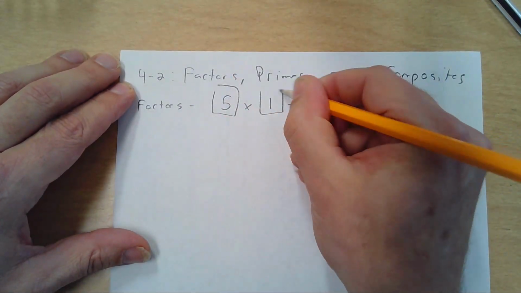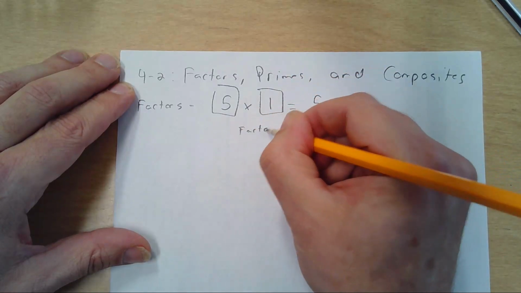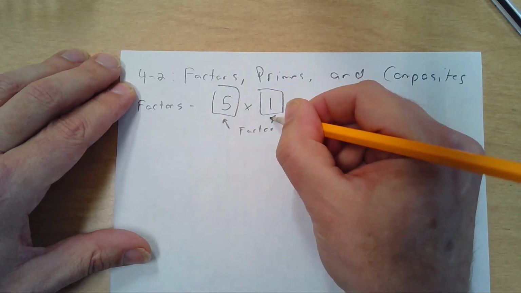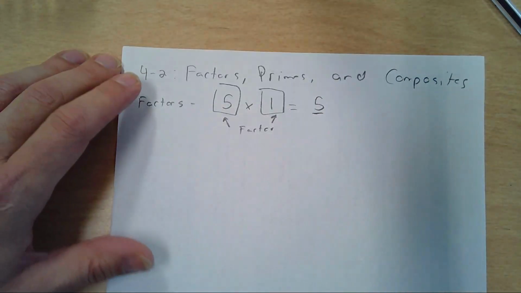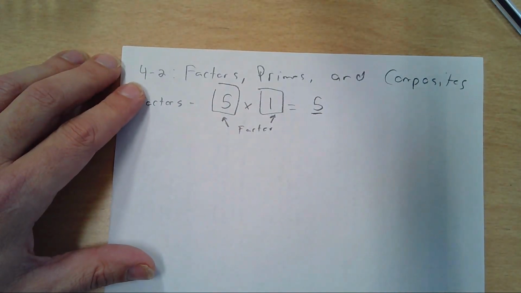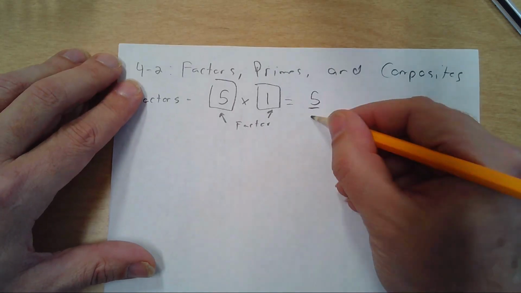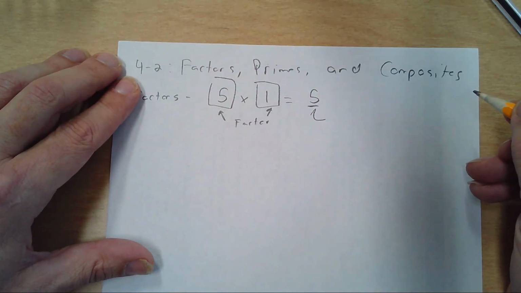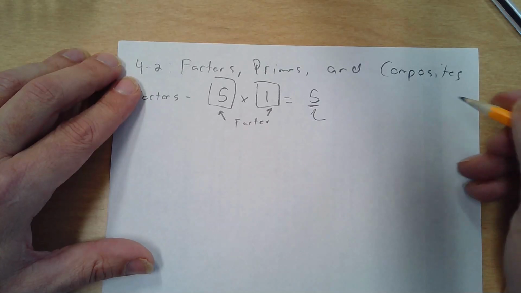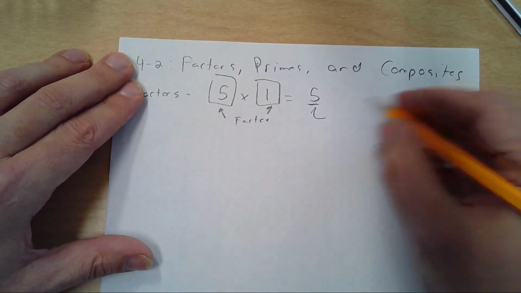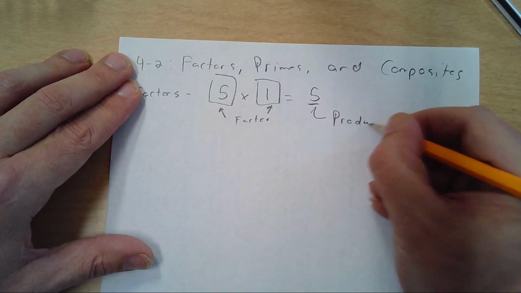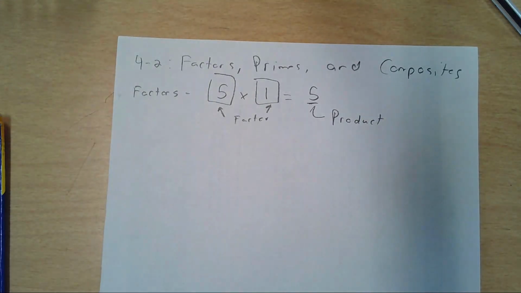Right, both of these are factors. And then this is called my answer or quotient. Quotient is when you divide. I'm so close.